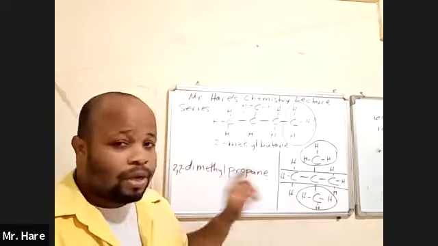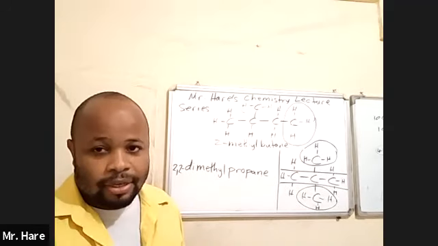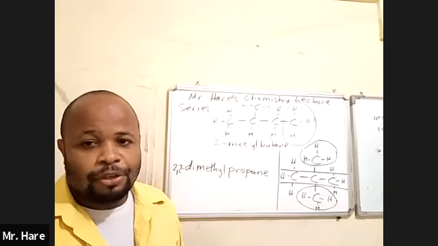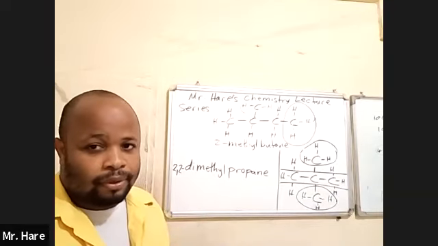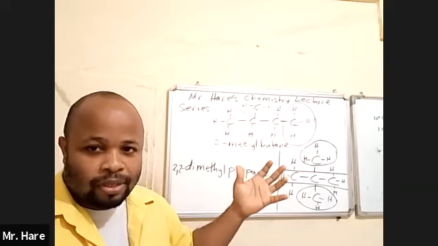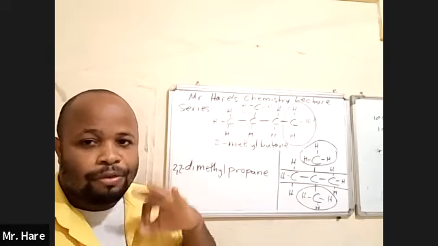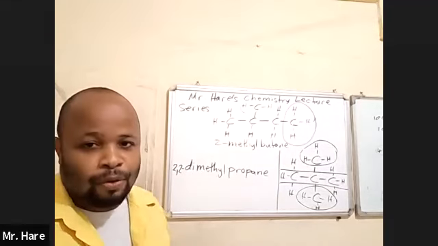So when it's 2 of the same groups, you use di; if it's 3, tri; and if it's 4, tetra. So tetrachloromethane has 4 chloro groups, trichloro 3 chloro groups, and dichloro 2 chloro groups.